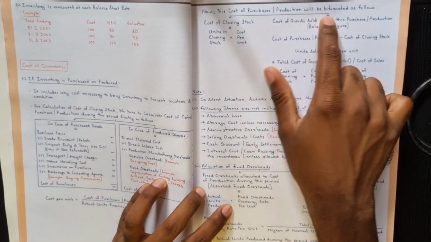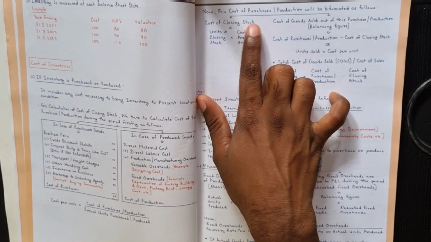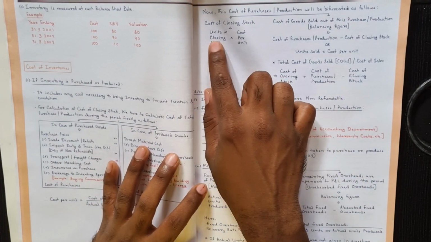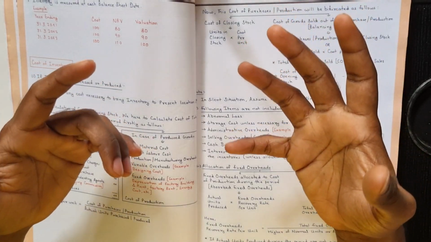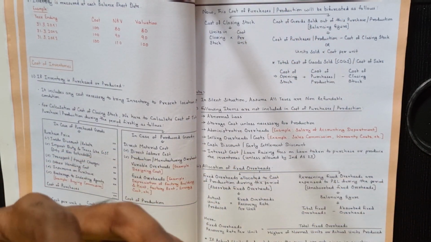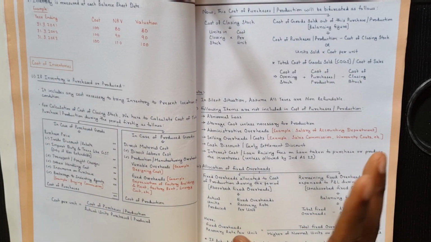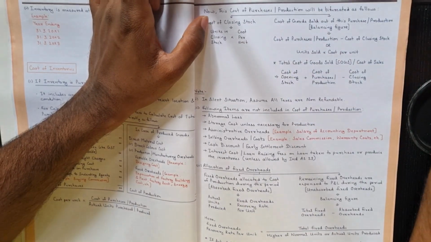Next, what is the cost of the others? Now we have found the cost of closing stock, that is units in closing stock into cost per unit. Now what is the other thing? That is the cost of goods sold. In a question they may also give cost of sales, which also means cost of goods sold only.